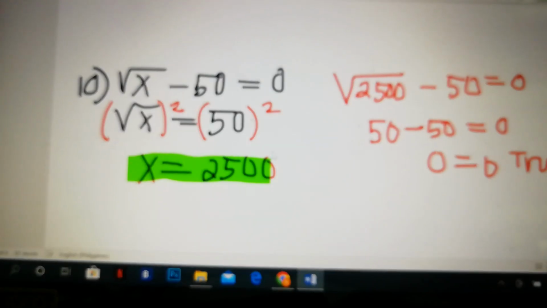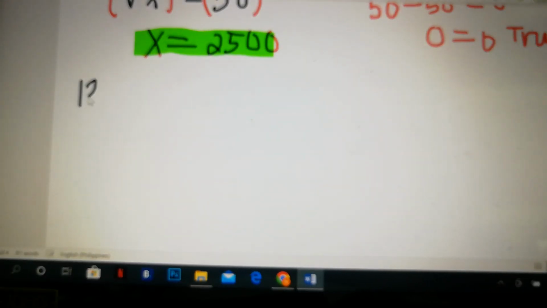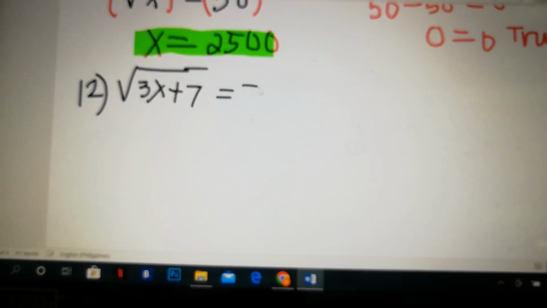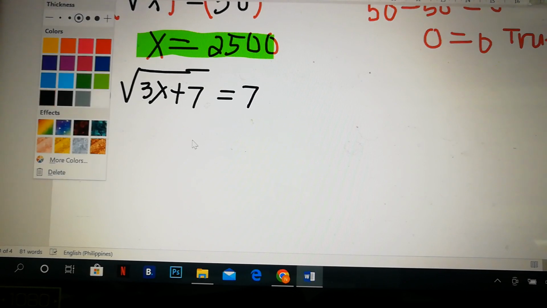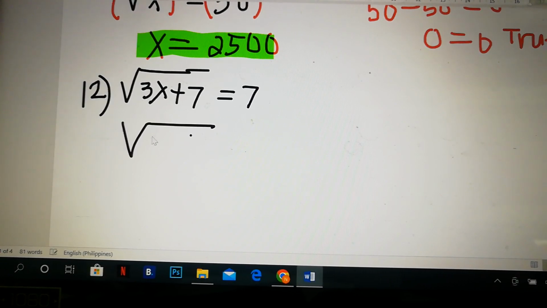Next, number 12. Square root of 3x plus 7 is equal to 7. Square both sides of the equation.